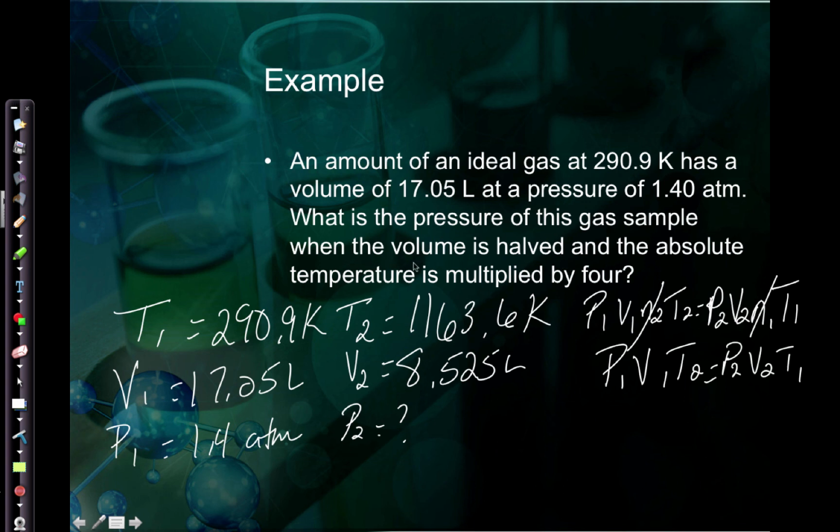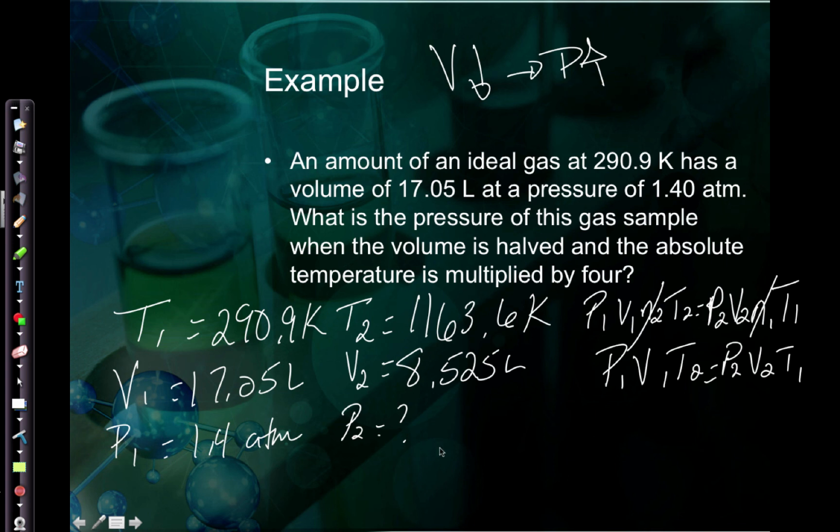If I have a volume that's halved, I know that pressure and volume are inversely related. So that means that if volume were to go down, then pressure should go up. Well, if the volume goes down by 2, the pressure should go up by 2.